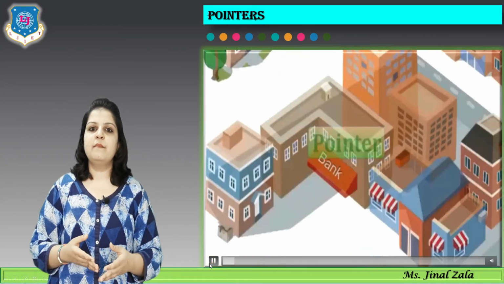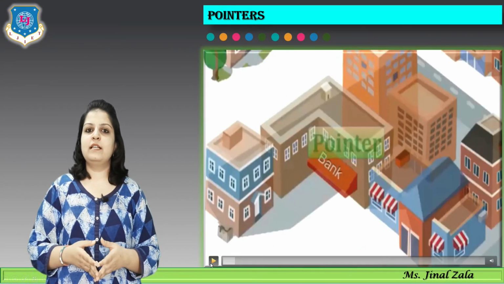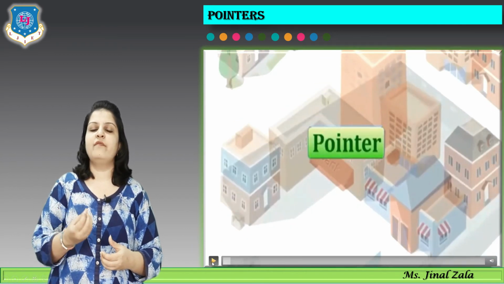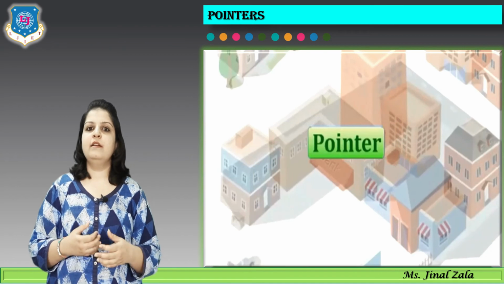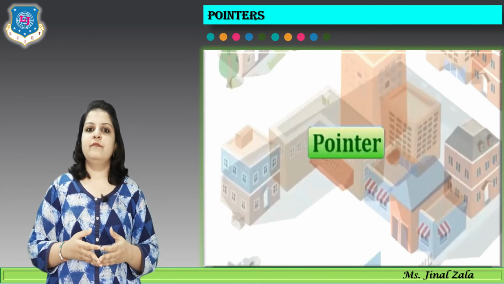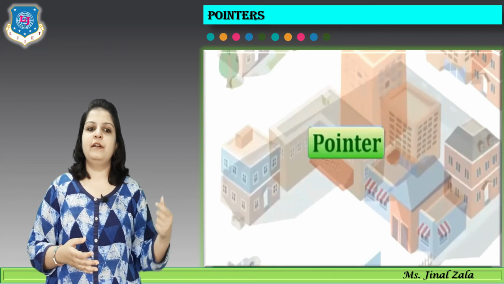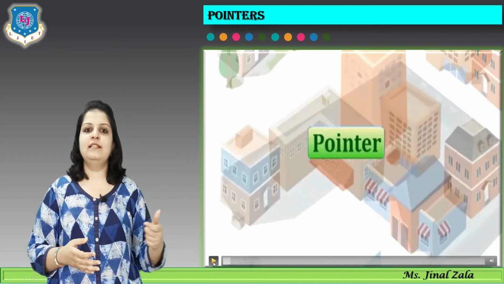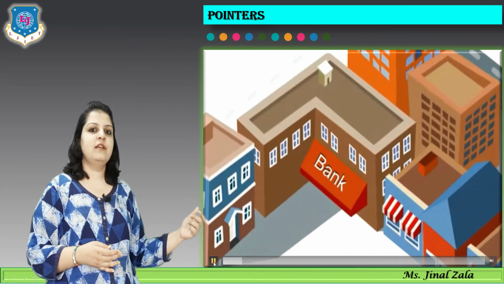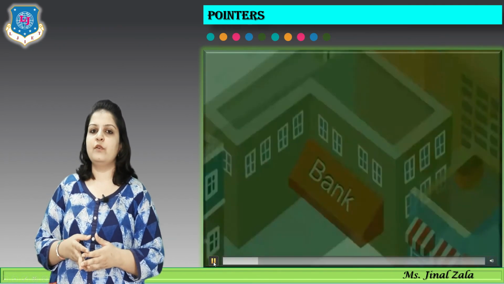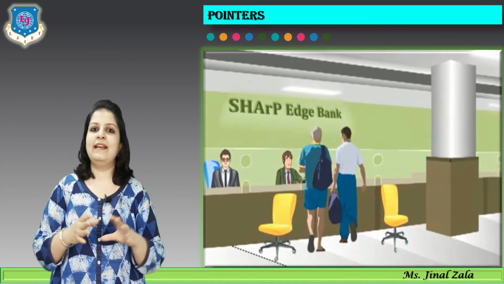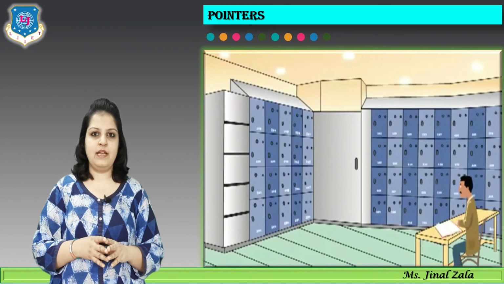And then the next topic is pointers. So what do you mean by pointer? Pointer is nothing but a variable used to store the address of another variable. When we declare different variables, all different variables are stored at different locations, and this location is called a memory address. So here you can see one video. Here you can see a bank. In a bank we have many different types of lockers, right?